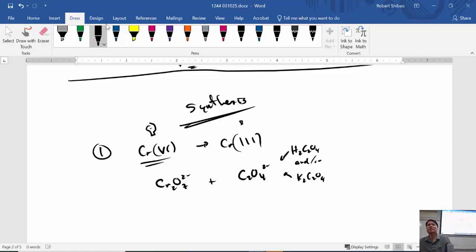Oxalate is poisonous too. Oxalate precipitates out with calcium and makes stones, like kidney stones, which would cause health issues. So don't eat oxalate, don't eat oxalic acid, don't eat potassium oxalate. It's toxic.